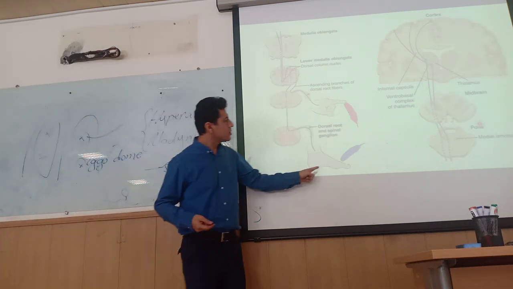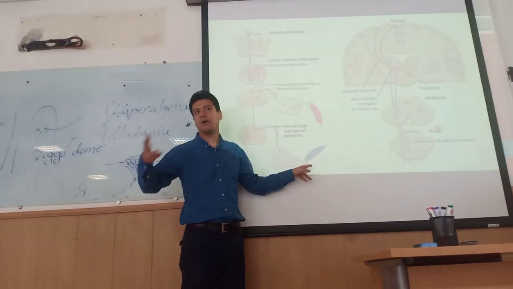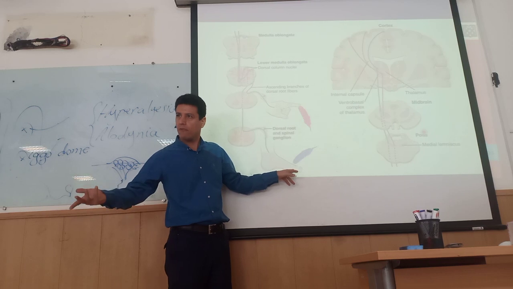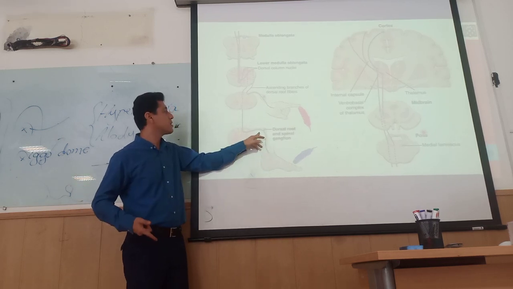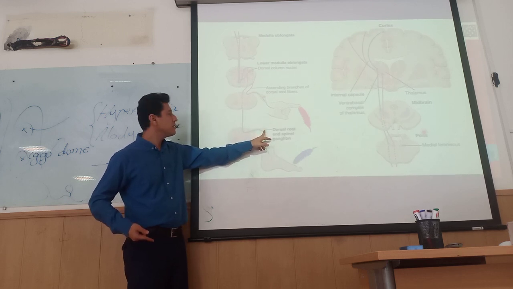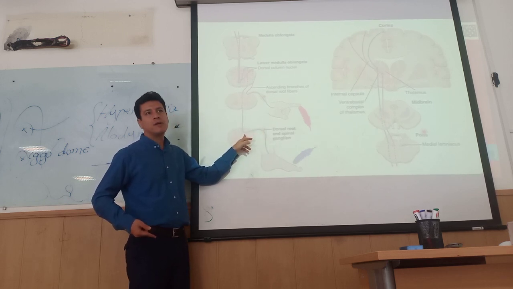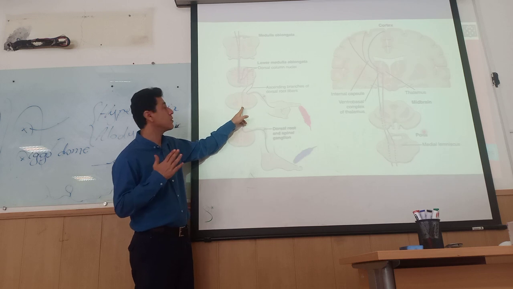Very good. So a light touch in the skin may activate Merkel and Meissner corpuscles. Okay? They send A beta fibers to the spinal cord, cell body is in the DRG, right? They come to the spinal cord, the medial branch enters the dorsal column and goes on in the spinal cord.